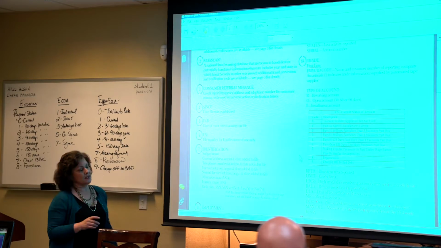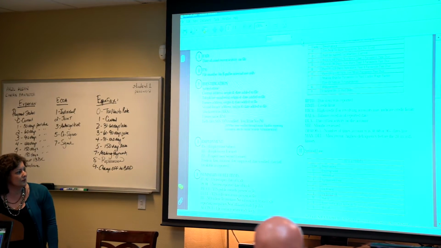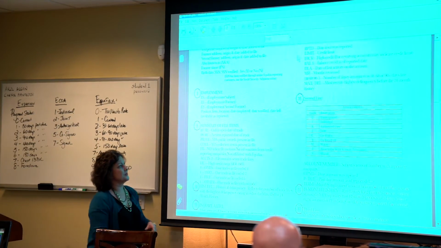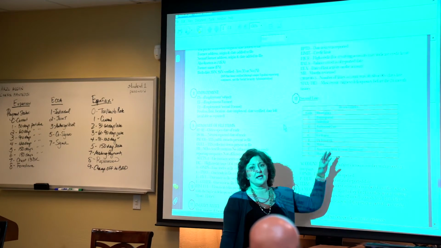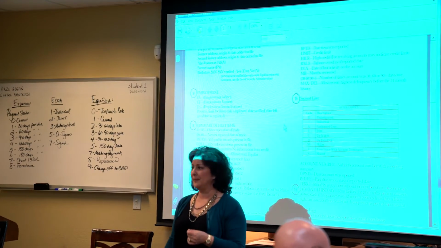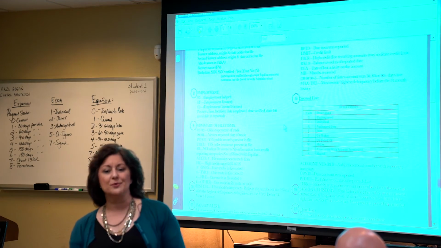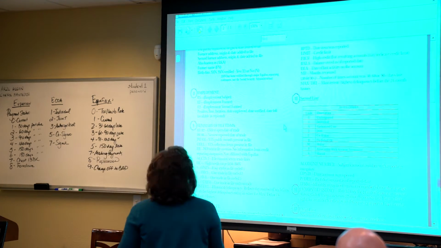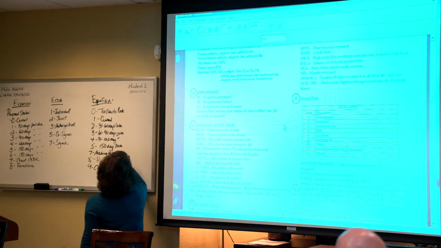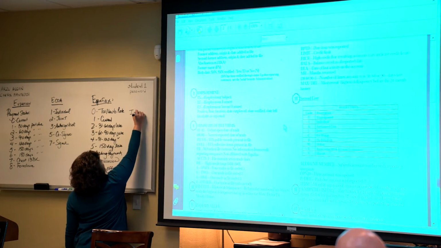Now the other thing is your ECOA codes. If you remember, and this is in section 15, this will designate who's responsible for repayment of this account. And this is where Equifax won't use numbers, they use letters. So I is going to be individual.